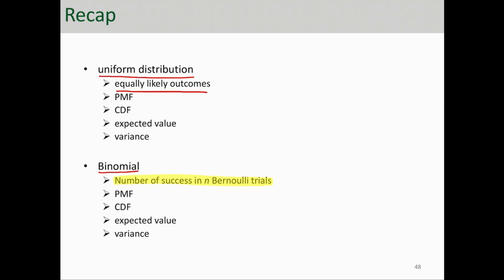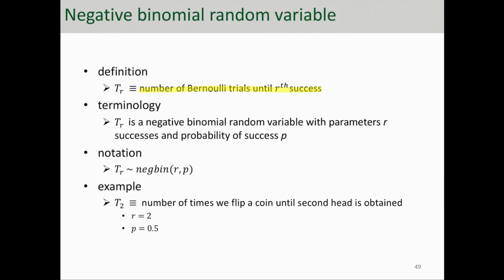Basically, you have n Bernoulli trials, let's say, right? And the number of successes among them is binomial, but for negative binomial is the number of trials until rth success. So you continue your trials until you get to your rth success. And r is a parameter of this random variable.